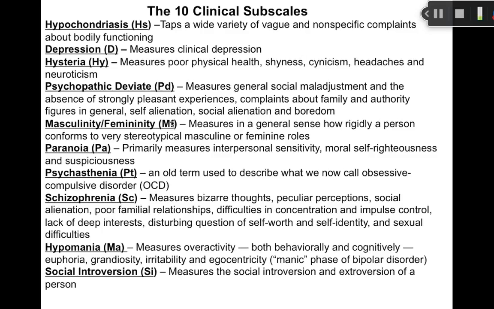So we've got hypochondriasis, depression, hysteria, psychopathic deviant, masculinity, femininity, which is where we kind of fall on gender identity, paranoia, psychasthenia, which maps onto what we now call obsessive compulsive disorder, or OCD, schizophrenia, hypomania, and social introversion. So this MMPI has these 10 scales that tap all these different particular attributes.